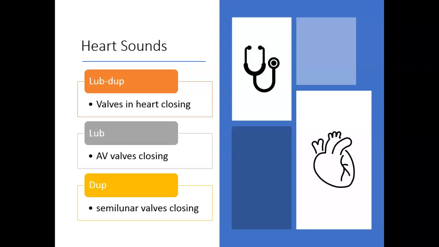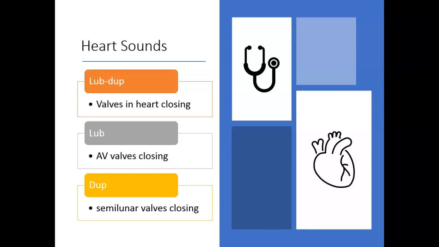Now, what are you actually hearing? Sounds sort of like little drums being beat on in there. Well, it's very similar to that. You have something smashing against a surface and creating a sound. So when you hear that first sound that we referred to as lub, the atrioventricular valves are closed.